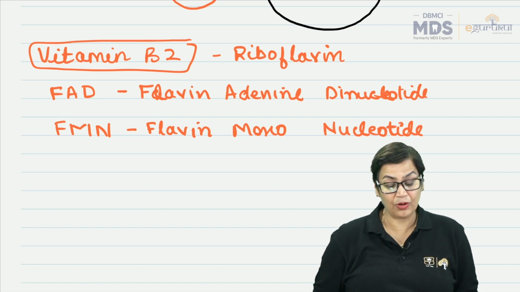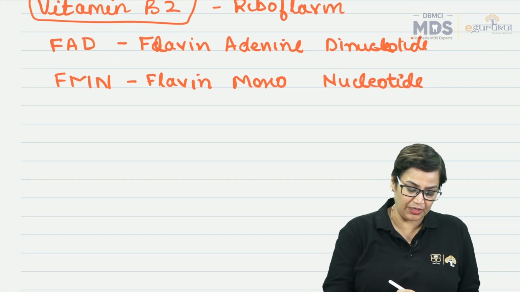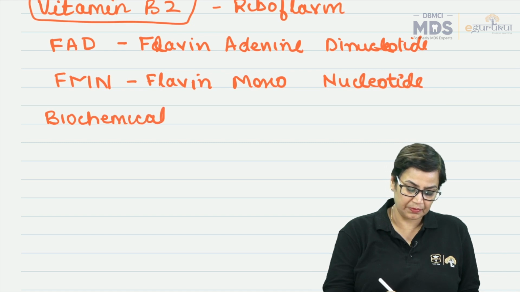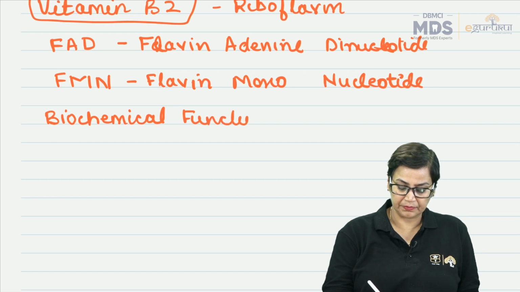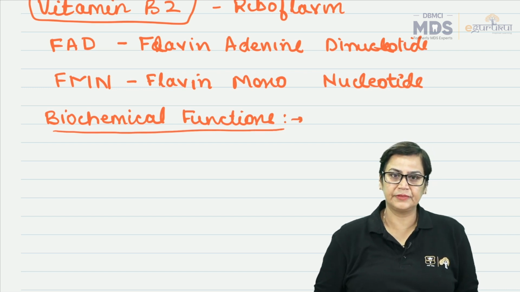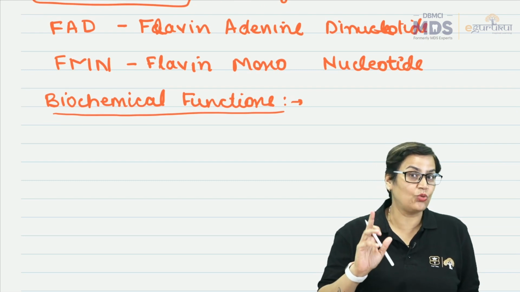Right? Now again, the same pattern we are going to follow. Functions. If we look at the functions of B2, what are the biochemical functions? Okay? The most important, again, they are functioning as coenzymes.